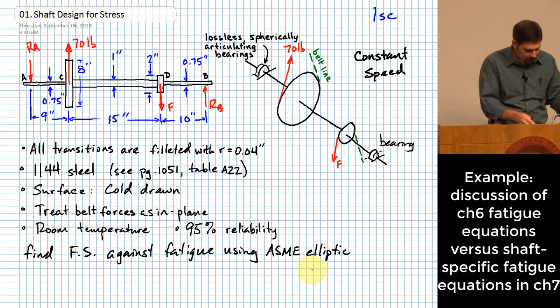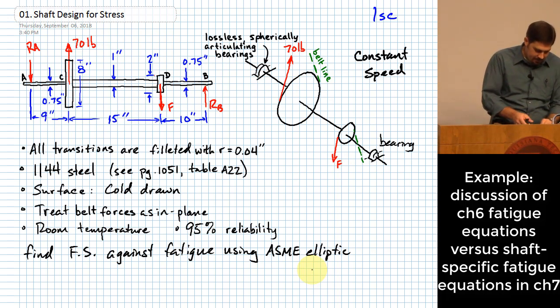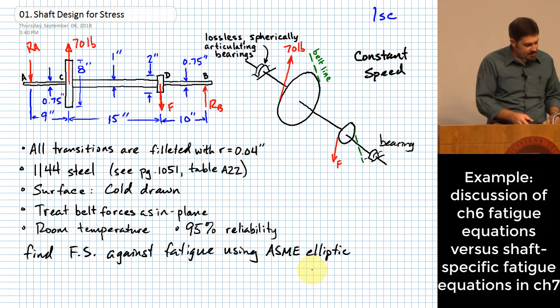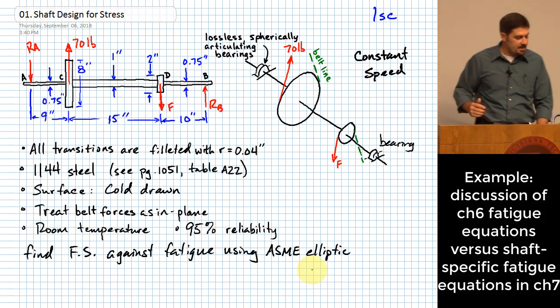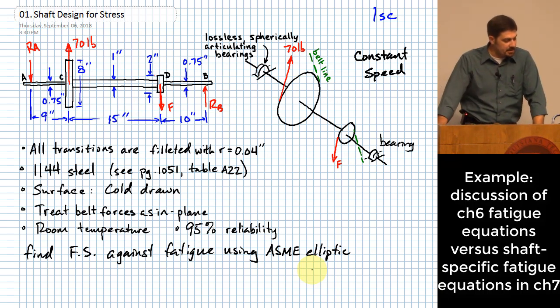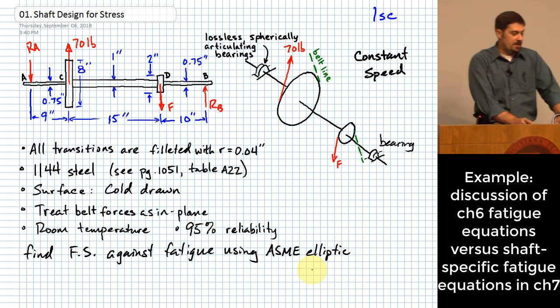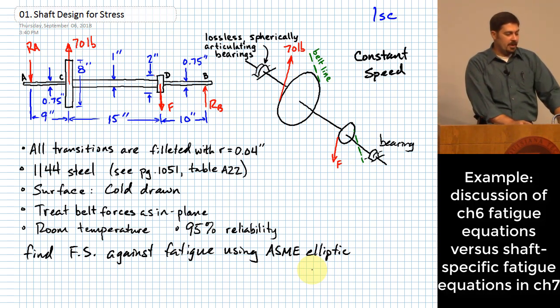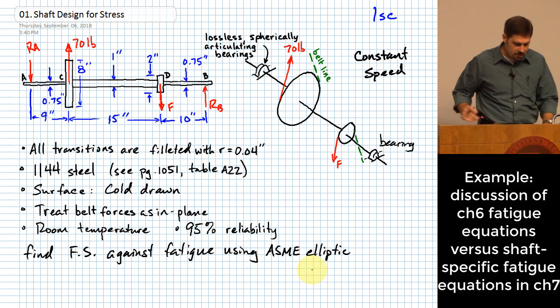There were all these tables, like table 6.8 on page 316, for instance, which has equations listed for the ASME elliptic criterion. What I'm going to tell you right now is that we are not really departing from these equations in chapter 6. What I am going to show you is that they reformulate these equations for the specific case of shafts way over on page 361.